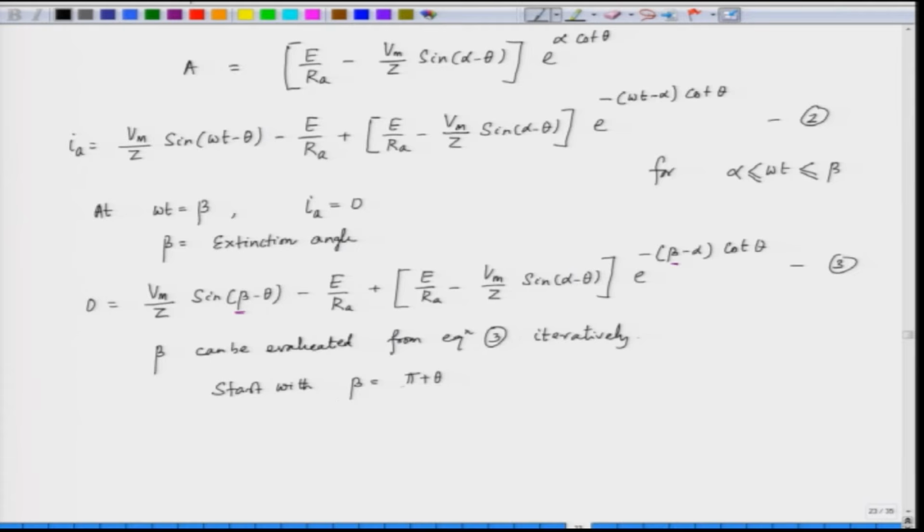So, start with beta equal to pi plus theta, then calculate or evaluate the final value of beta, so that equation 3 is satisfied. Now, this is how we find out the extinction angle.